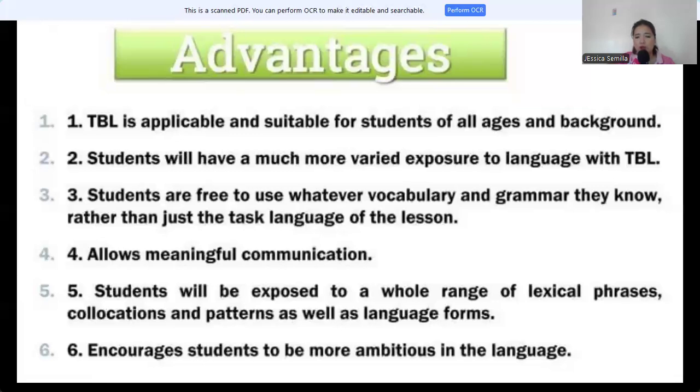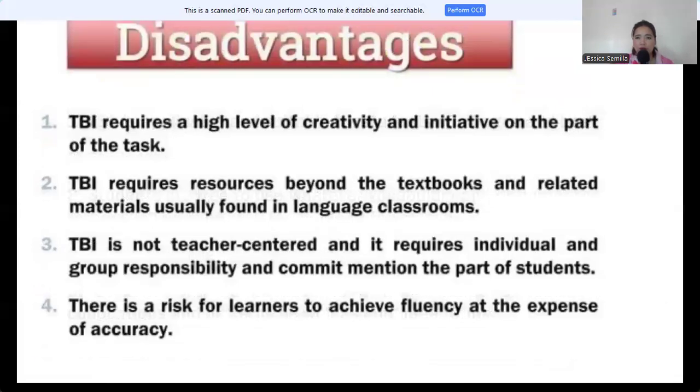Students will also be exposed to a whole range of lexical phrases, collocations, and patterns, as well as language forms as they try to analyze and do the task. And of course, it encourages students to be more ambitious in the language. However, there are disadvantages too. TBL requires a high level of creativity.